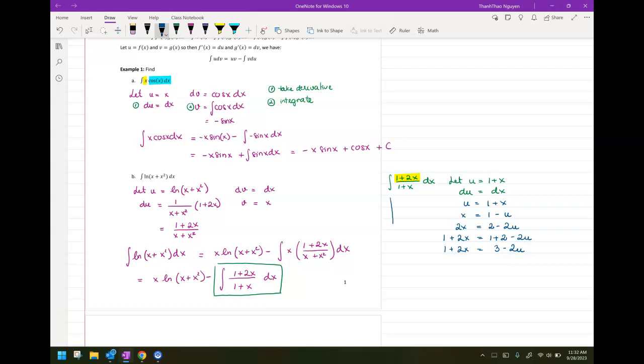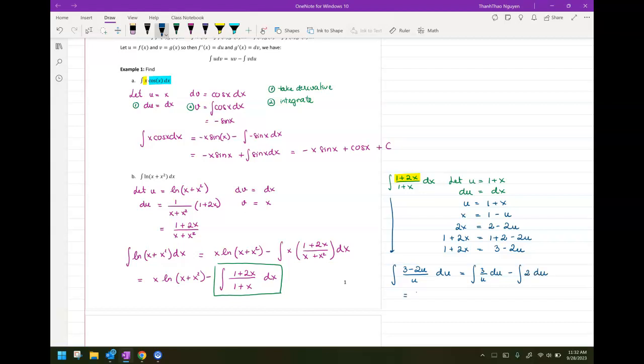So now this integral becomes the integral of 3 minus 2u divided by u du. And that is the integral of 3 over u du minus the integral of 2 du.